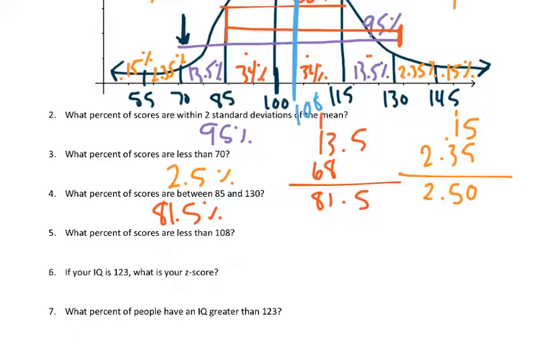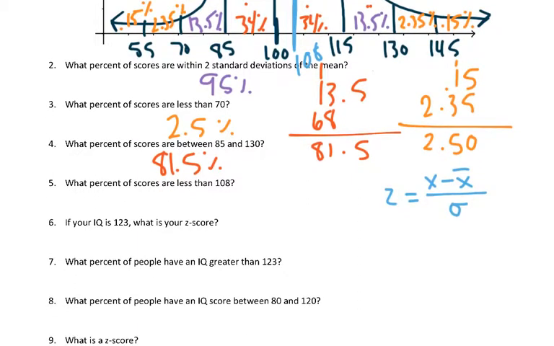So remember, for finding the z-score, it is our number minus the mean divided by the standard deviation. Okay, and then once we've got the z-score, we go to our z-score table and we solve it with that. And that'll tell us the percent that is less than that. So ours is 108.